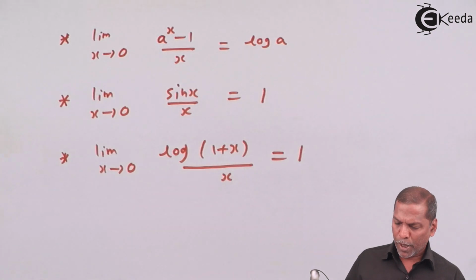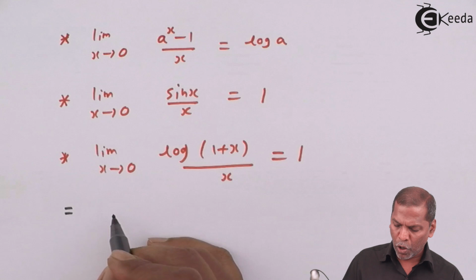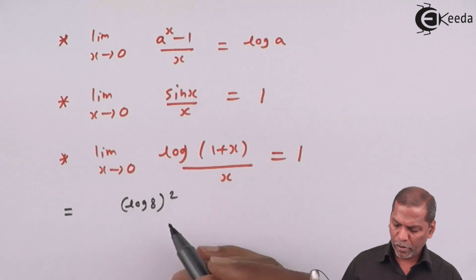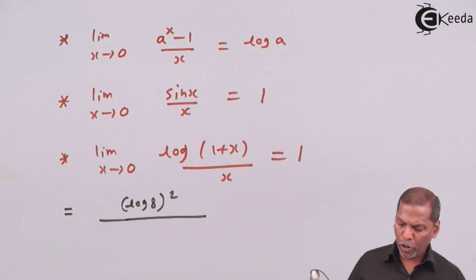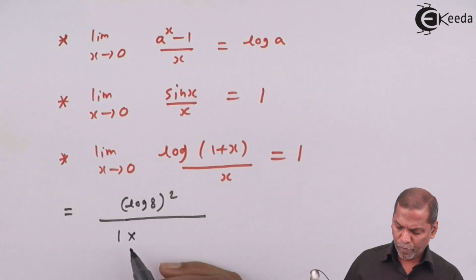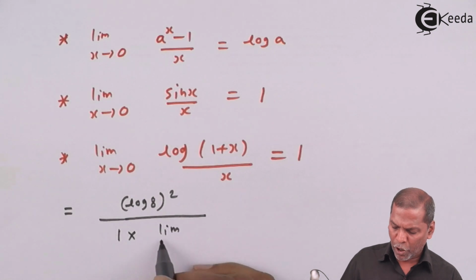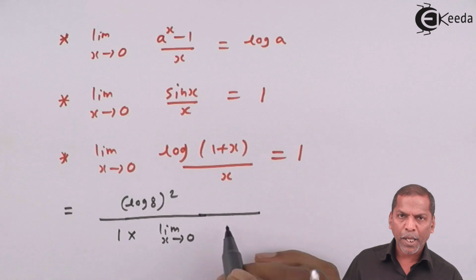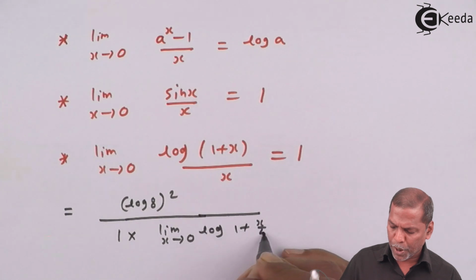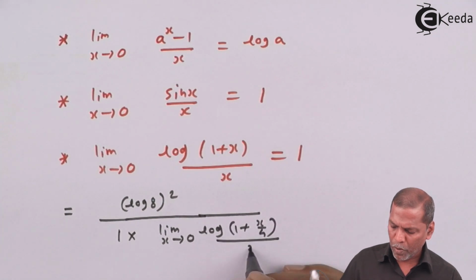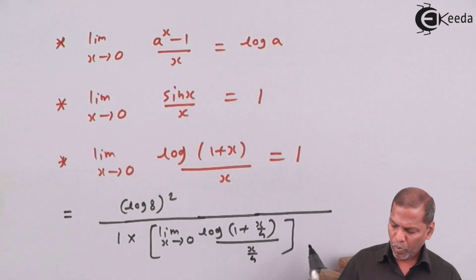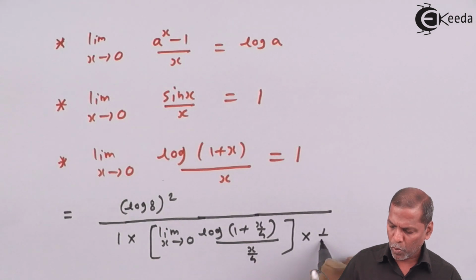So by using these rules, we get (log 8) whole square in the numerator, upon limit x tends to 0 of sin x upon x, that gives 1. And the second limit in the denominator can be rewritten as limit x tends to 0 of log of 1 plus x by 4 upon x by 4, and into 1 by 4.